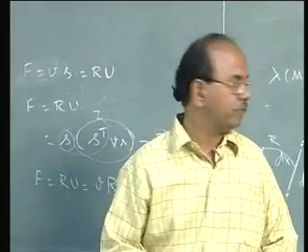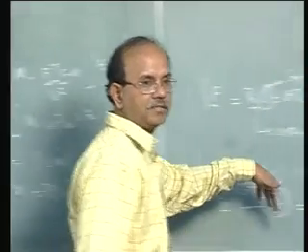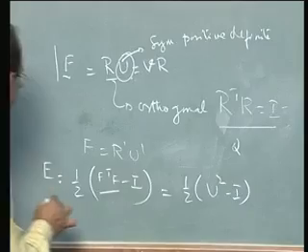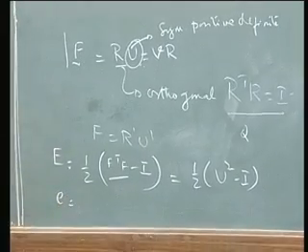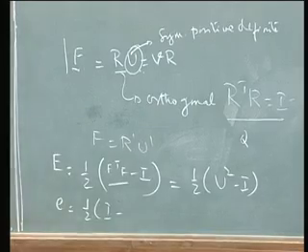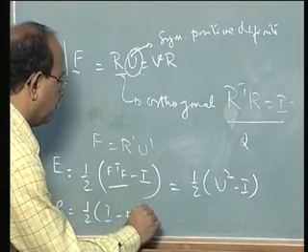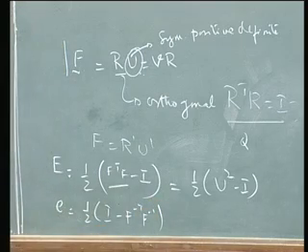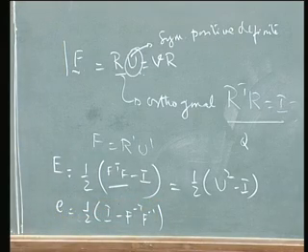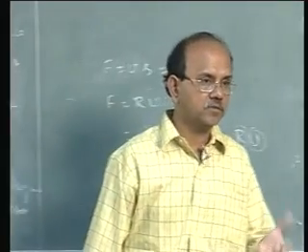In the same fashion, when we defined the Eulerian-Almansi strain, what did we do? We did that with F inverse. If I remember right, I used small e, half into I minus F inverse transpose F inverse. Now you will see that this is V inverse squared, and hence this again depends upon the stretch.